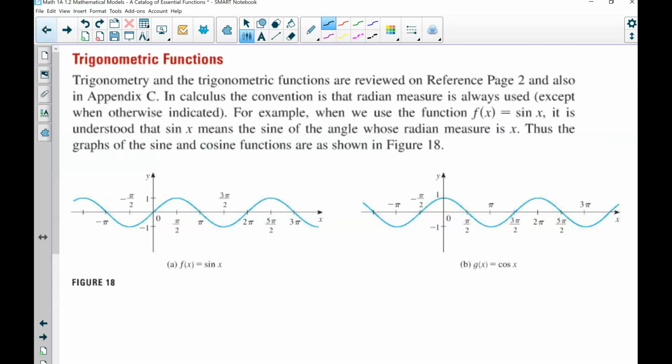Now going back to the trigonometric functions, I do want to point out something here. Notice that for both the sine and the cosine functions, the domain is negative infinity to positive infinity, and the range for both of them goes from -1 to 1 inclusive.